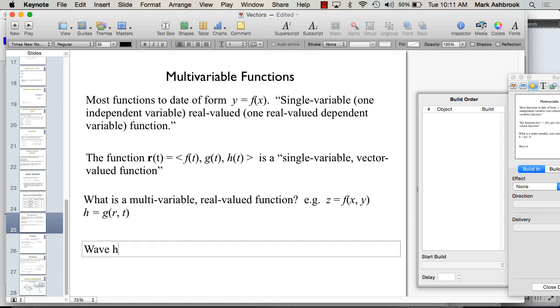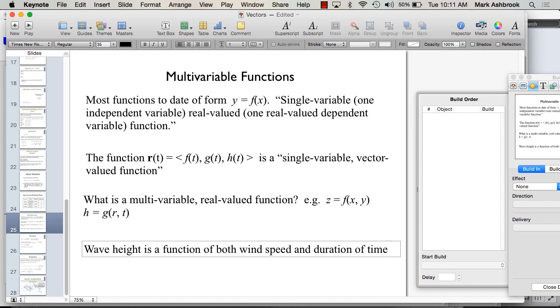Wave height is a function of both wind speed and duration of time.